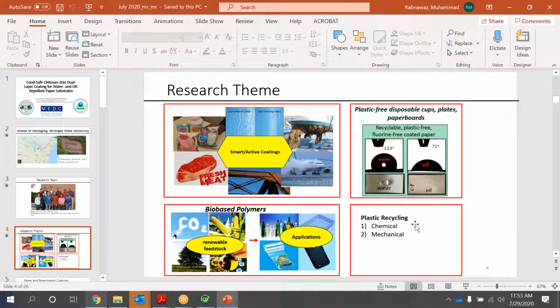We also work on plastic recycling, chemical and mechanical recycling, because that is an emerging issue. But today I'm going to talk about something we are heavily working on: developing plastic-free disposable cups, plates, and paper boards. This is the area that I want to share with you today.